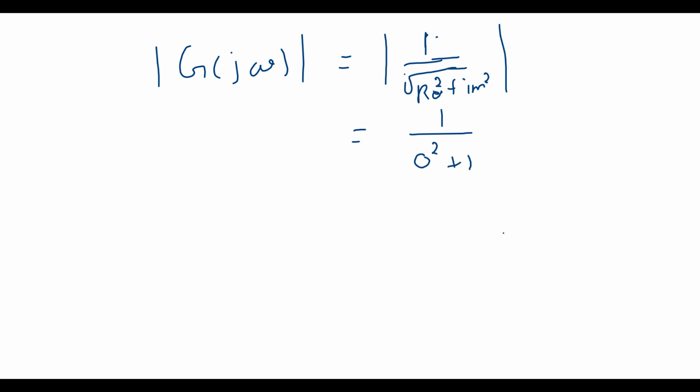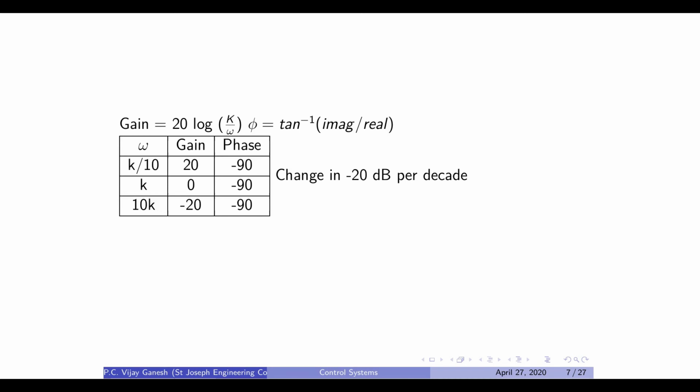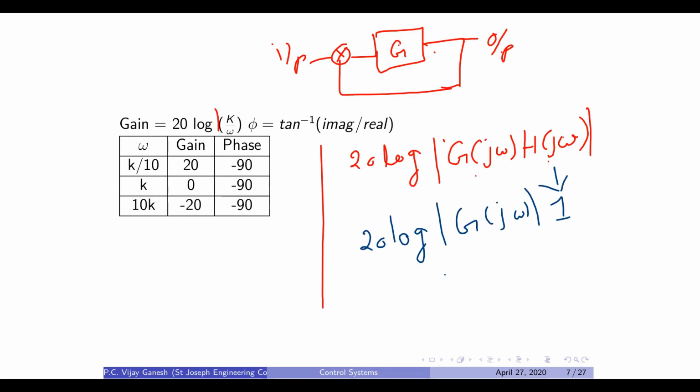I can write it as 1 by the square root of 0 squared plus omega squared, which is nothing but 1 by omega. K is outside, so the value becomes K by omega. So the final expression is 20 log of K by omega.